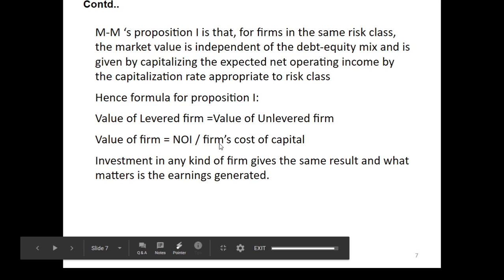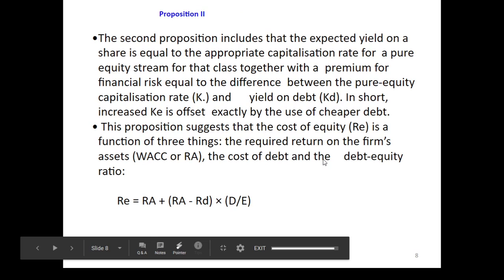Value of firm equals net operating income divided by the firm's cost of capital. It is as we usually calculate in the traditional approach. Investment in any kind of firm gives the same result, and what matters is the earnings generated.